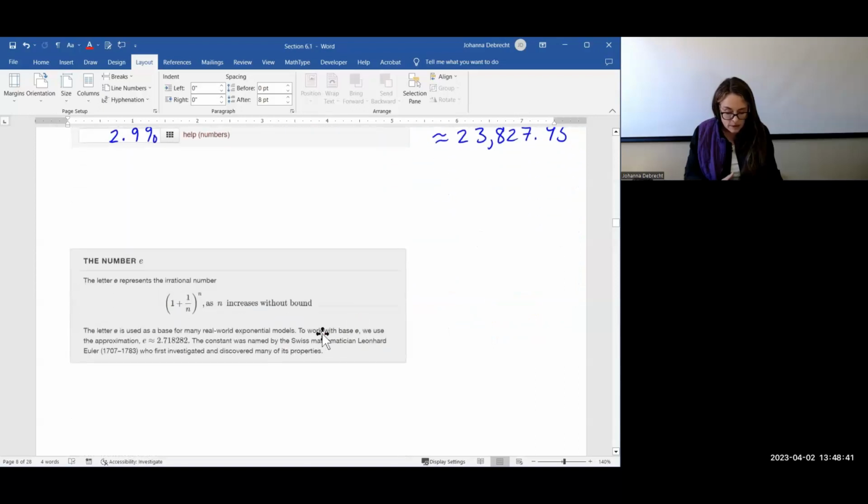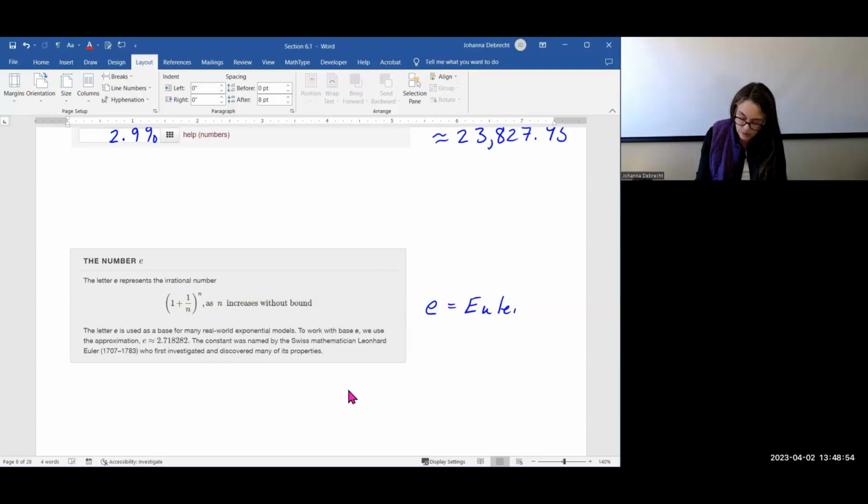When we do that, we end up with Euler's number, which we write with the letter e, an italicized e. Euler looks like "Euler," but it's pronounced "Oiler." It's a German name. He lived in the German part of Switzerland.